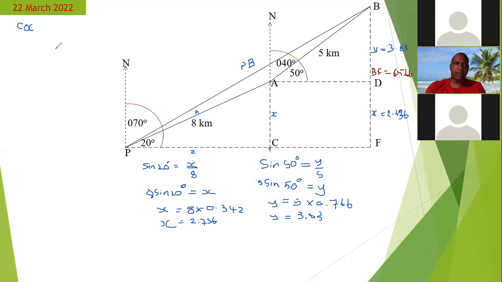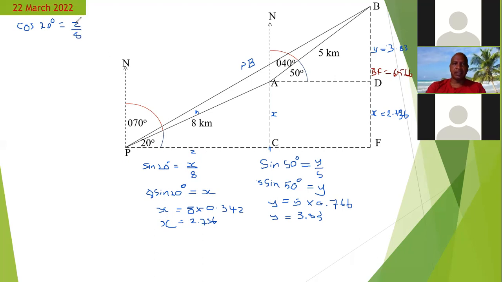So cos of 20 degrees equal to what? X over 8, sir. Remember, we are using a different variable, so we are using Z over 8.